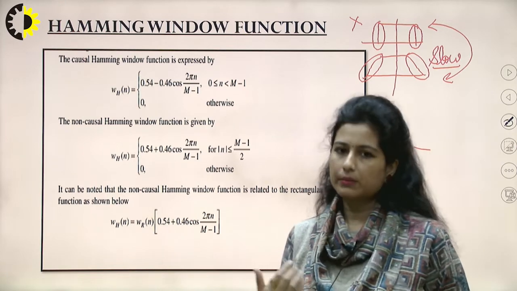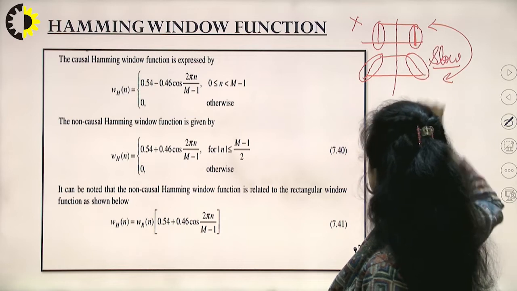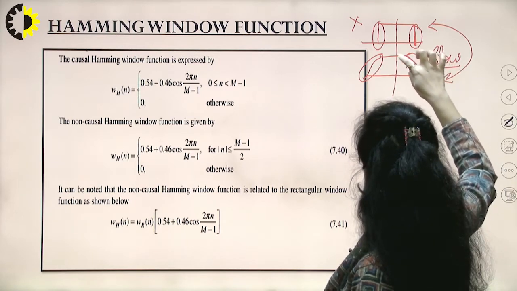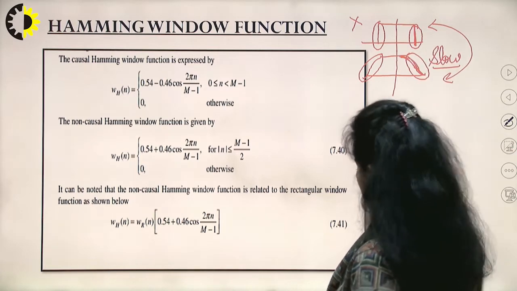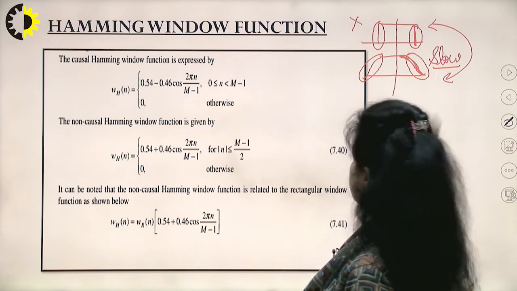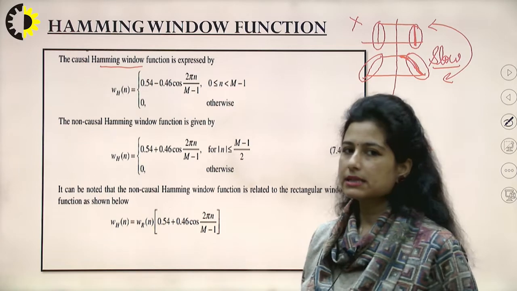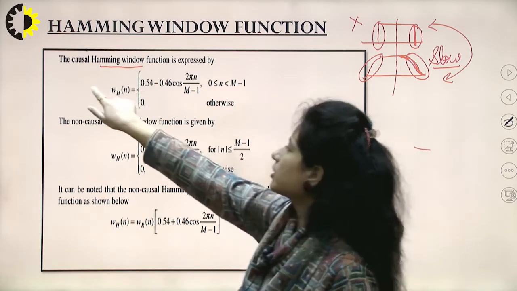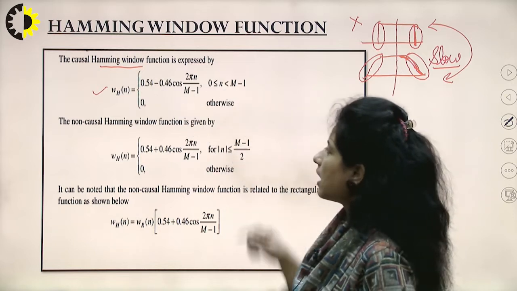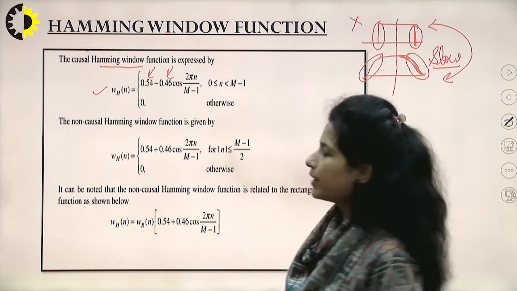I should not prefer a completely abrupt transition, and I should have control over how long the tapering can go towards my stop band. The first function with this tapering characteristic is the Hamming window, and mathematically it is defined as a function w_h(n), a formula with certain values 0.54 and 0.46.